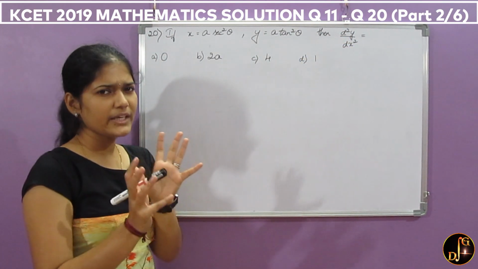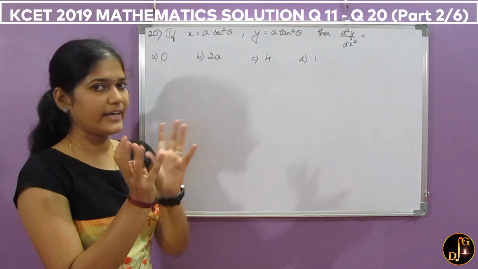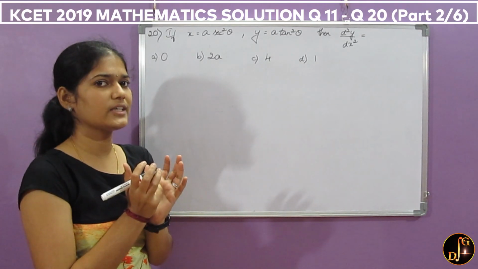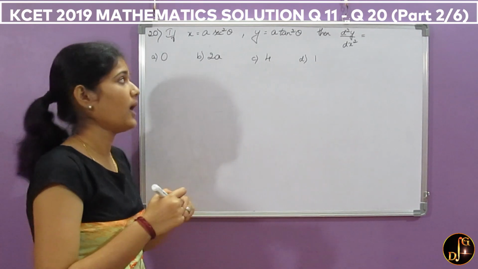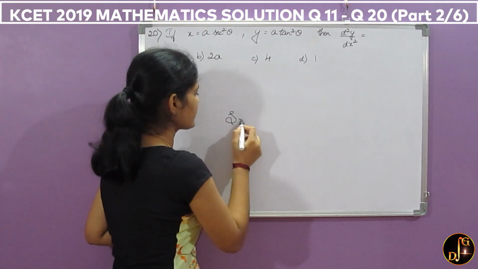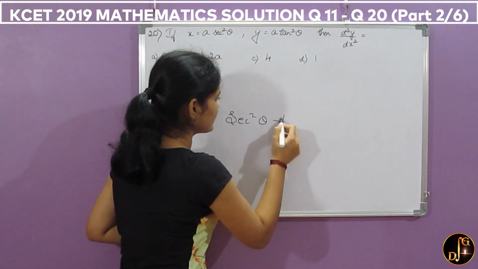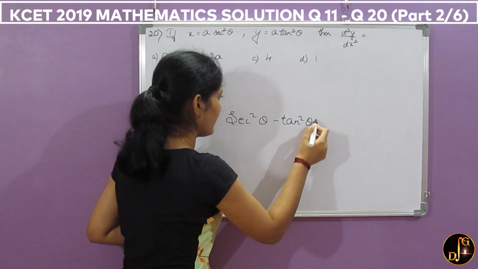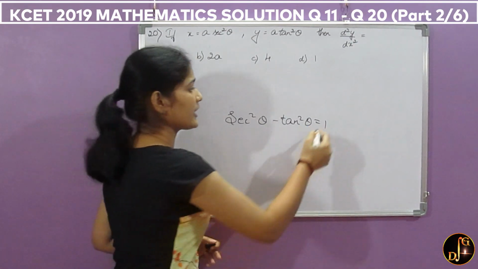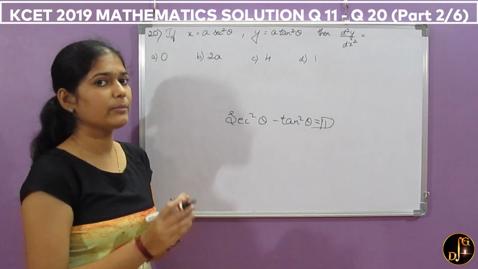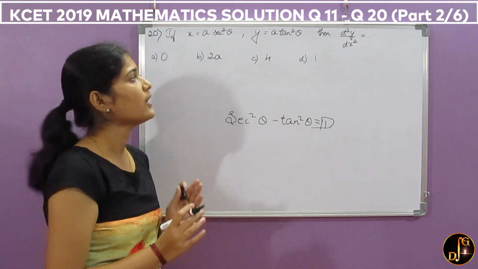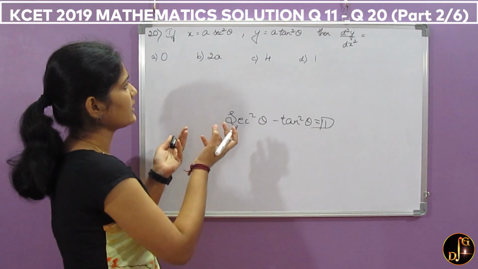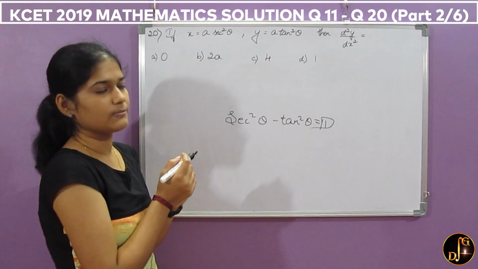We know something about secant square and tan square, right? What is it? We have a direct formula, that is secant square theta minus tan square theta is equal to 1. If we get 1, then it will be very easy for us, right? So what can we do from this equation?